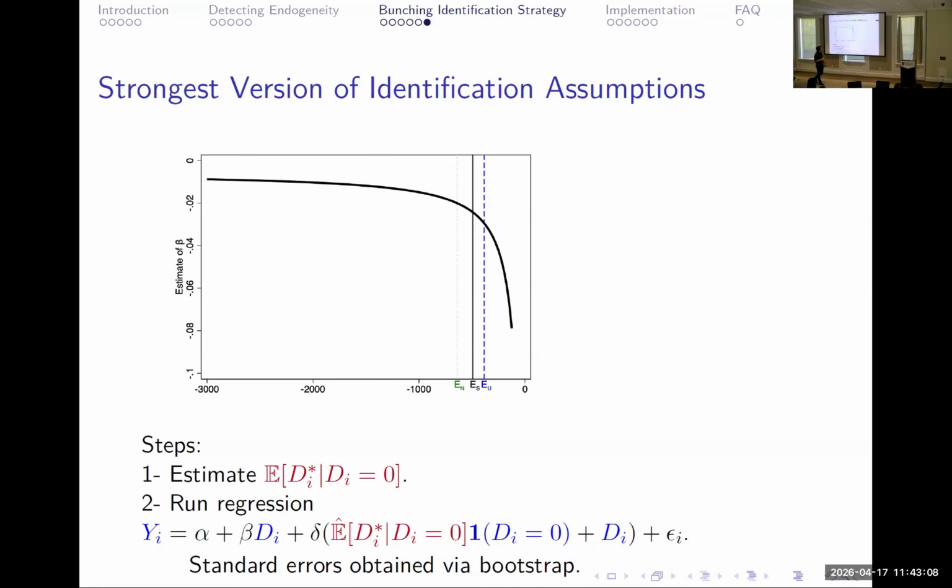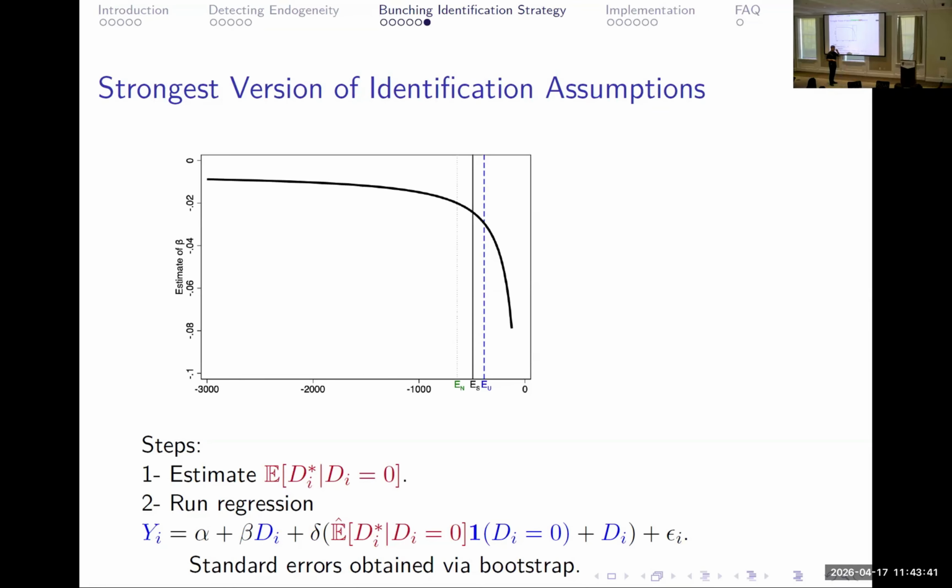So for instance, if you think that this is the true value of the expectation, it will be much worse for you to estimate it to be too low, because if in reality it's here and you estimate it here, it could actually be much more negative than you thought. But over here, if you underestimated the magnitude of the expectation, you're not going to make much of a mistake in terms of the actual beta hat. Does that make sense? So that's the key idea here, and we're going to discuss that.